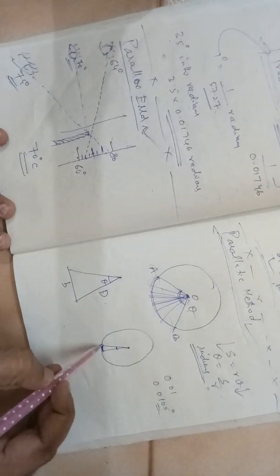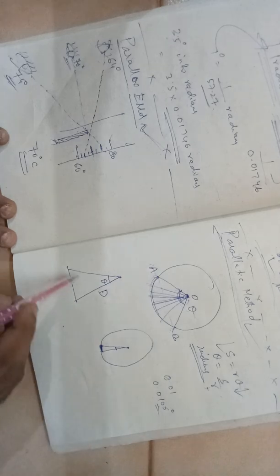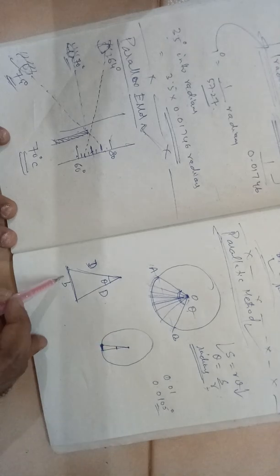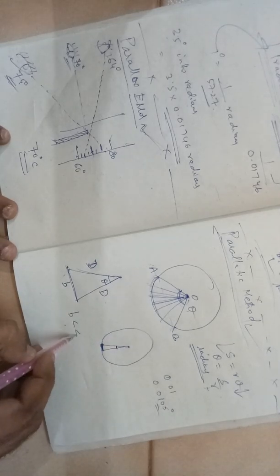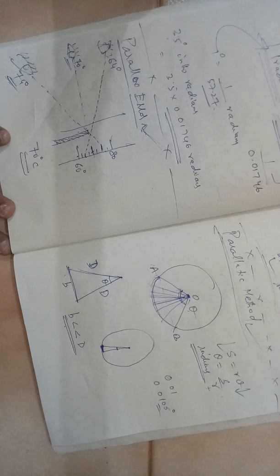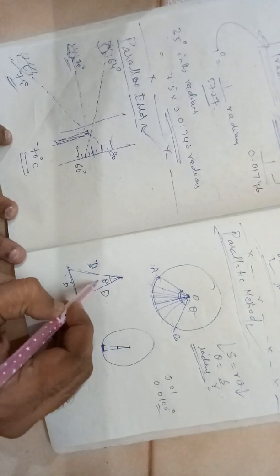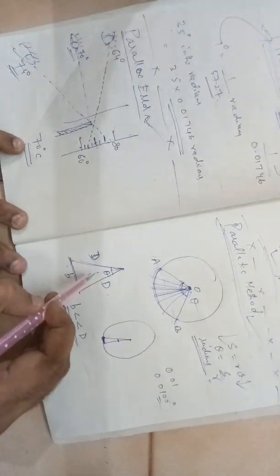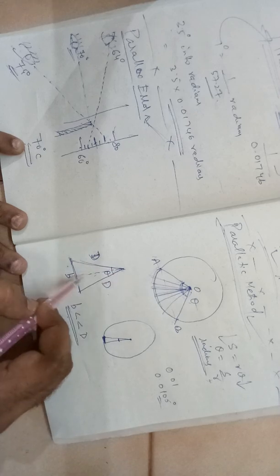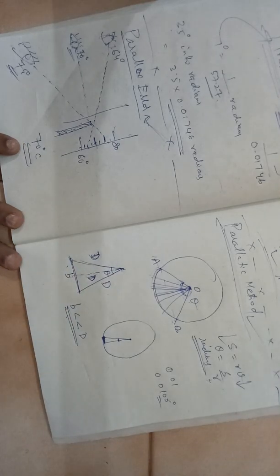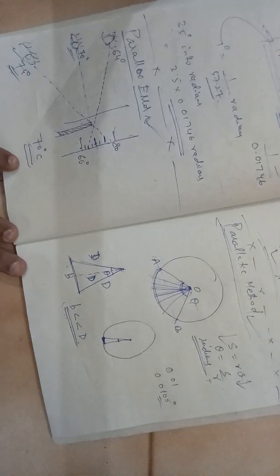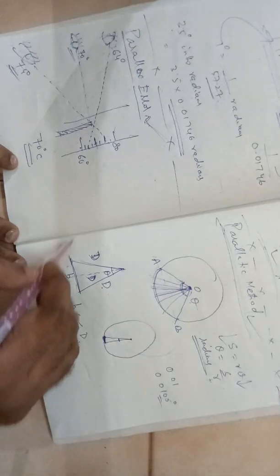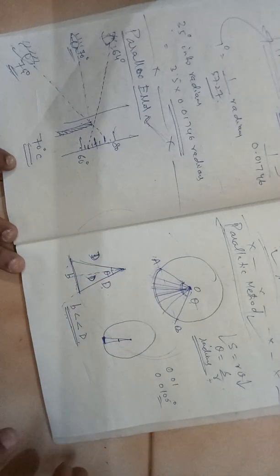The small arc portion which we are now assuming as a straight portion is called B, and this will be D. B is very, very small compared with D. So even if I draw a perpendicular here, even that will be almost equal to D only, because B is very, very small compared with D. D is the radius. If I imagine this as a huge circle, then D is like that radius.